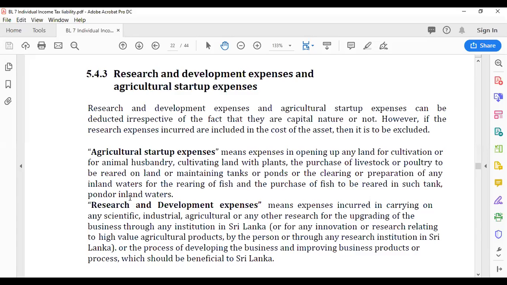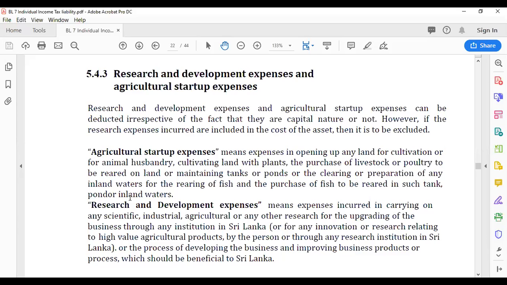Research and development expenses and agricultural startup expenses can be deducted irrespective of whether they are of a capital nature or not. Capital nature means, you know, there are two types of expenditure: capital expenditure and revenue expenditure.